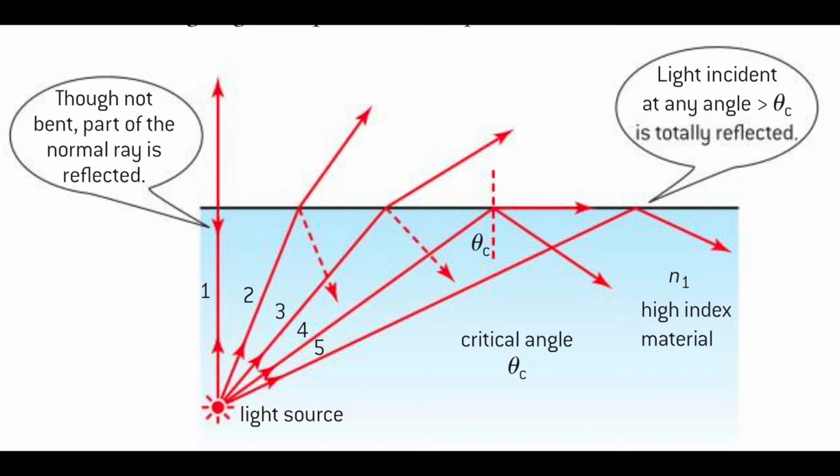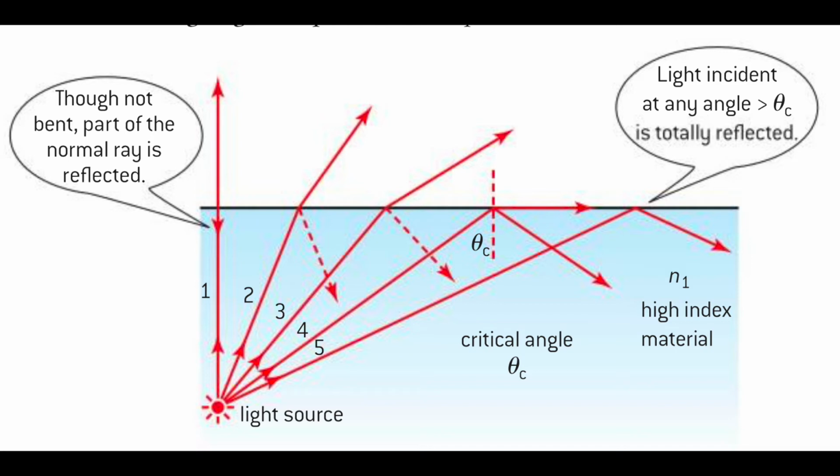But in the other ones, in 2 and in 3 and in 4, each time you can see that theta 2 ends up getting larger than theta 1 was. And so as the light exits into the air or whatever substance it is, remember that the N value where it's exiting has to be lower. And as it exits there, because that N value is lower, that angle, theta 2, ends up getting larger.